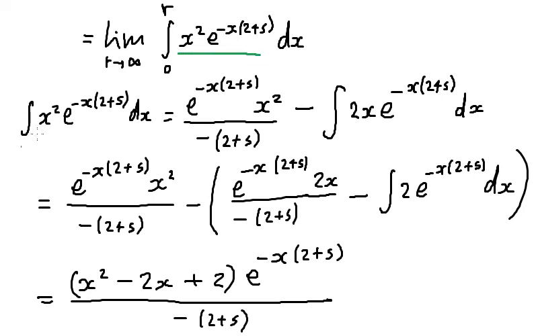So I carried out the calculation by using integration by parts. I treated this as the integral of u v prime, which is equal to u v minus the integral of u prime v.